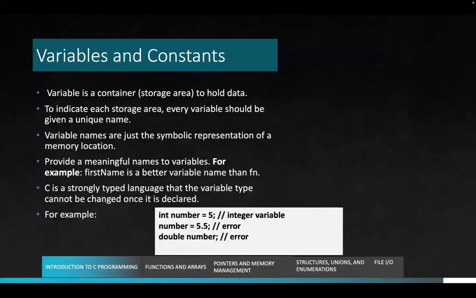Next one is variables and constants. In any programming language, you should know what a variable is and what a constant is. A variable is nothing but a container. It's a storage medium to hold the data. Let's say I have asked you to do an addition, which needs two numbers, number one and number two.